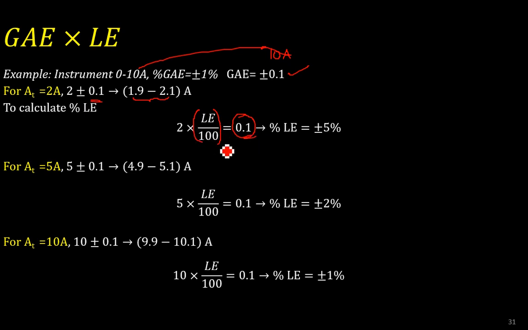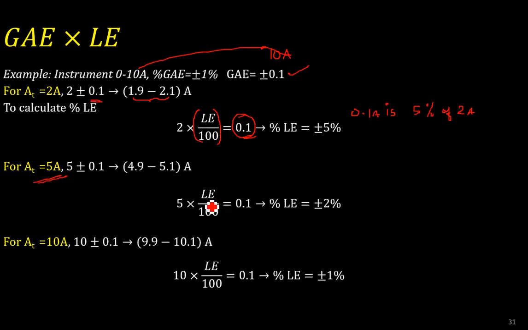So your limiting error will be plus or minus 5%, or you can otherwise explain this as: 0.1 is 5% of 2 amperes, 5% of this true value.